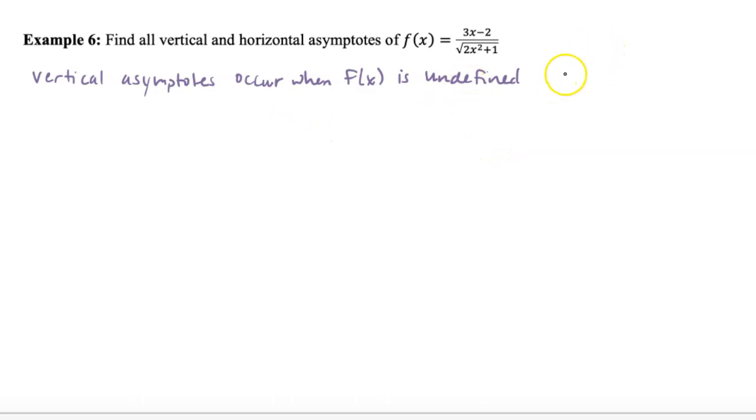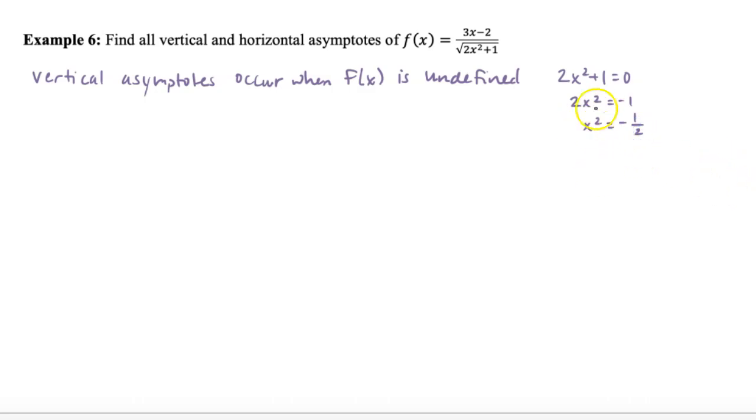So I want to set 2x squared plus 1 equal to 0. We agree that this would make this function undefined. Well, if I solve for x, I'm going to subtract 1 from both sides. I get 2x squared equals negative 1. Dividing by 2, I get that x squared is equal to negative 1/2.